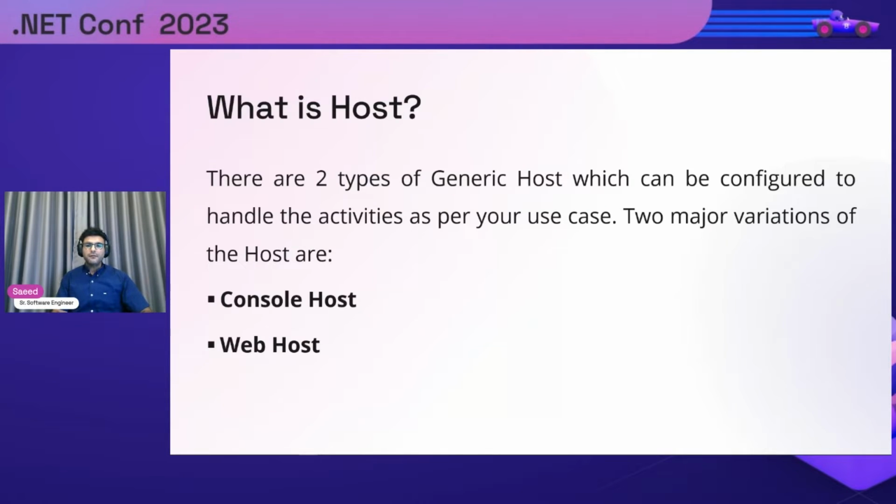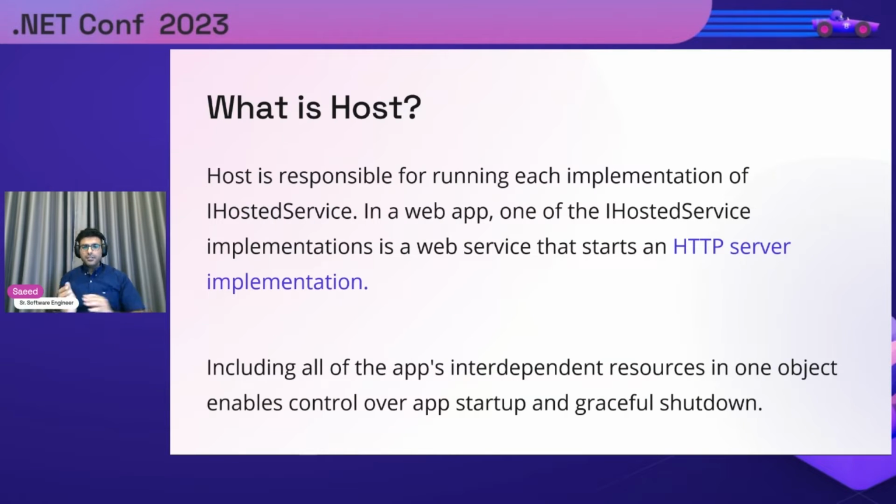We have two types of generic hosts: the console host and the web host. Usually by design, in a console application we use the console host, and in the case of a web application or web API, the web host will be used. But if we want to know the difference between these two types, as I mentioned, host is responsible for running each implementation of hosted services.